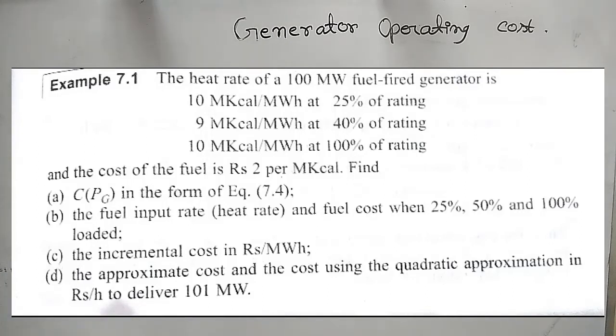Second, the fuel input rate, that is heat rate, and also find the fuel cost when the loading is 25%, 50% and 100%. Third, we have to find out the incremental cost in rupees per megawatt hour, and last the approximate cost and the cost using the quadratic approximation in rupees per hour to deliver 101 megawatt. So let's start.